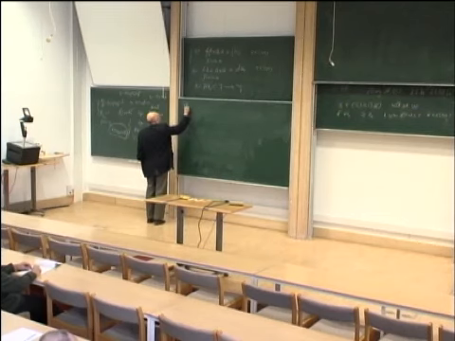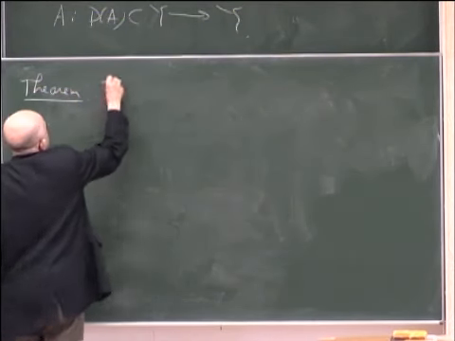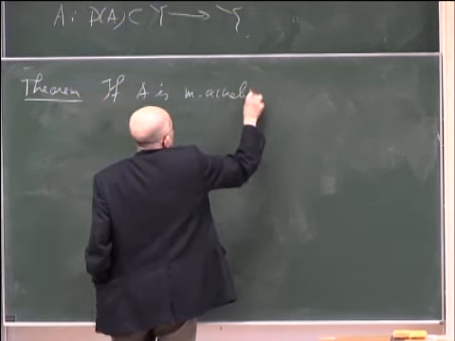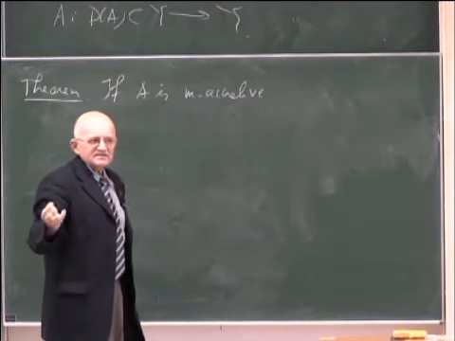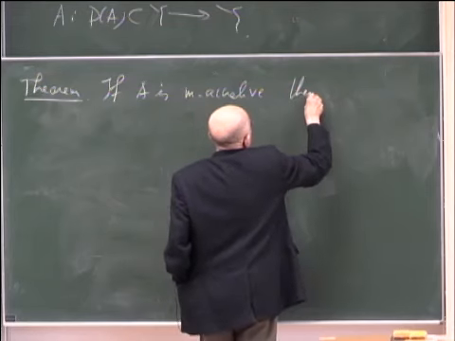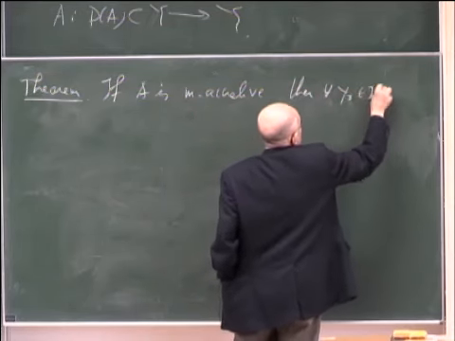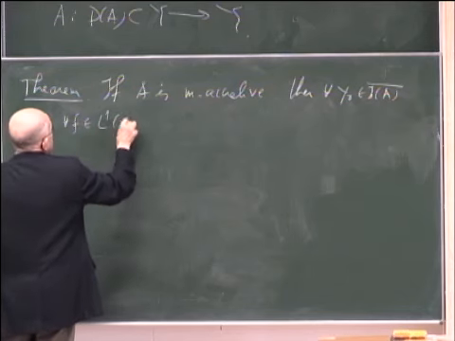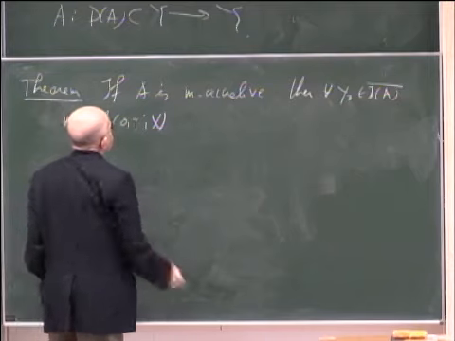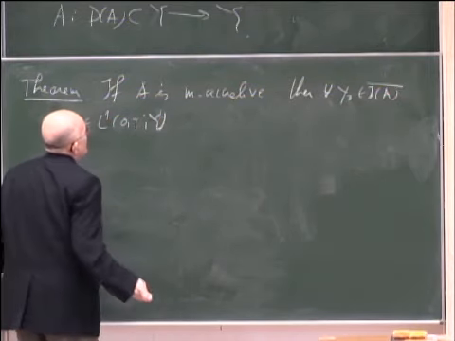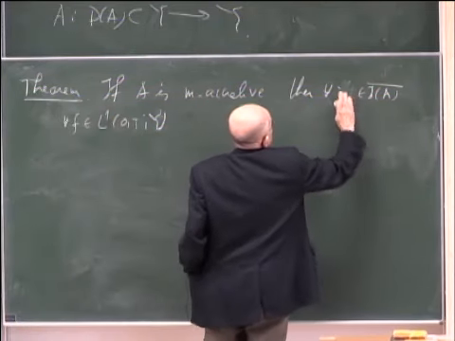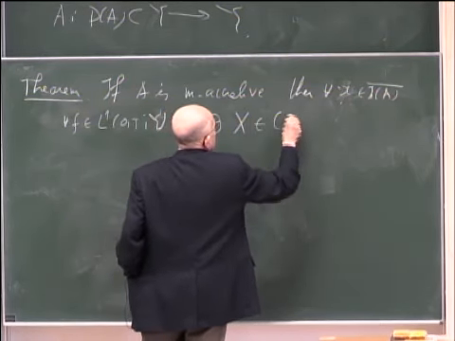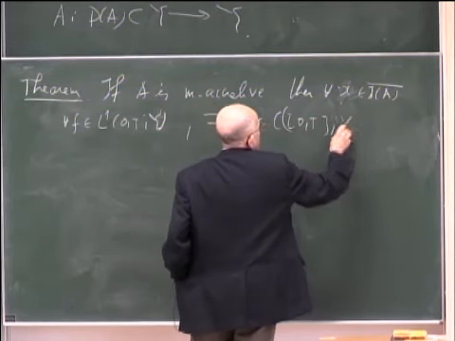The fundamental result here is the following. If A is m-accretive, or more generally quasi-m-accretive, then for each initial data in the closure of the domain of A, and for each f in L^1(0,T;X), there is a unique mild solution for problem 1.